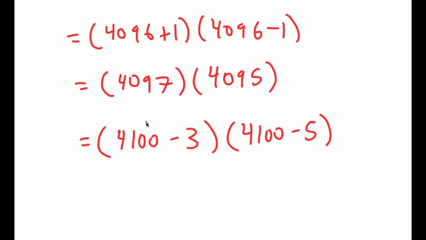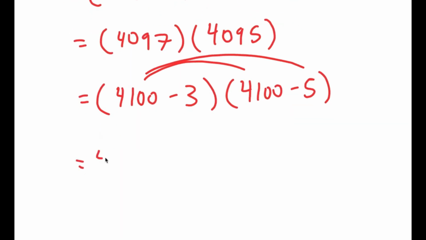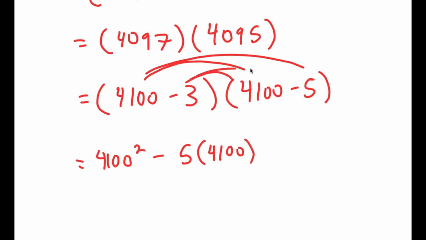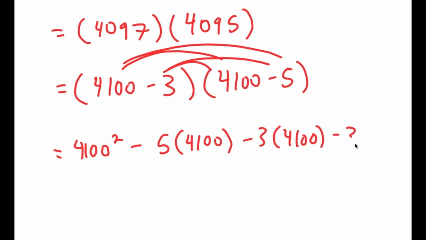So now I'm going to distribute my 4,100. So I get 4,100 squared minus 5 times 4,100. And then now I have minus 3 times 4,100 minus 3 times negative 5.